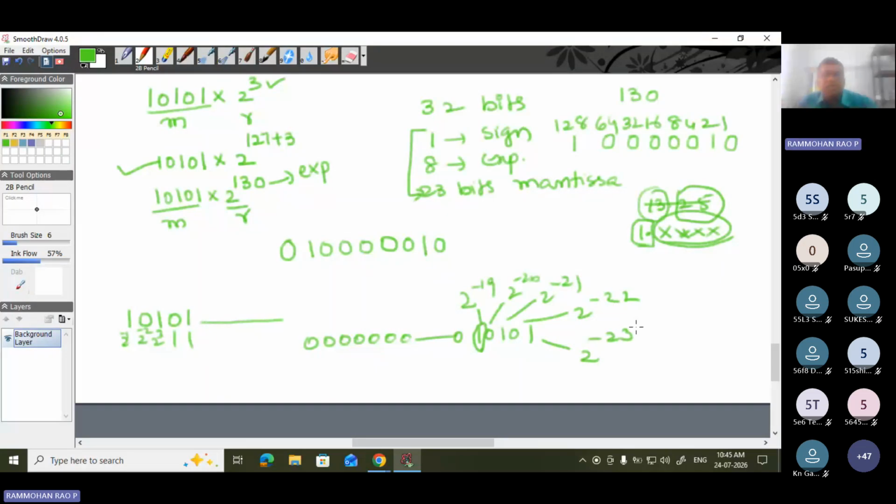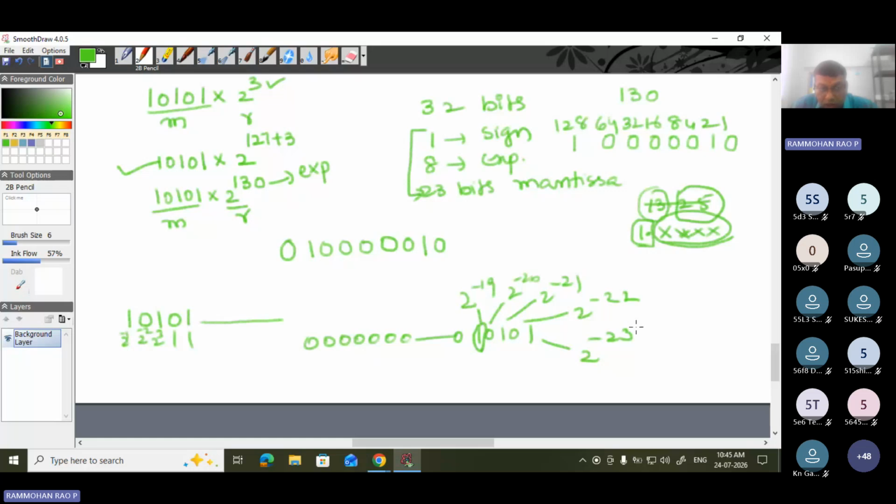Actually, these first 5 digits after the dot should have exponents 2 power minus 1, minus 2, minus 3, minus 4, minus 5. If I put zeros before, I am changing the value: 2 power minus 1 becomes 2 power minus 19.